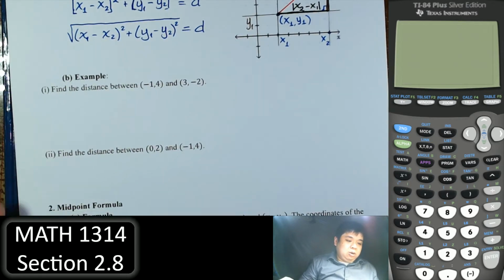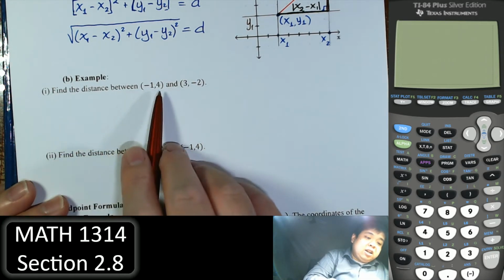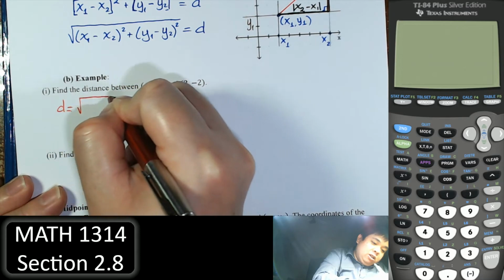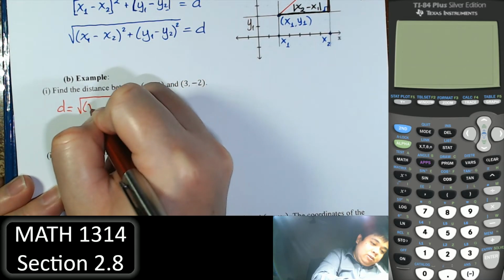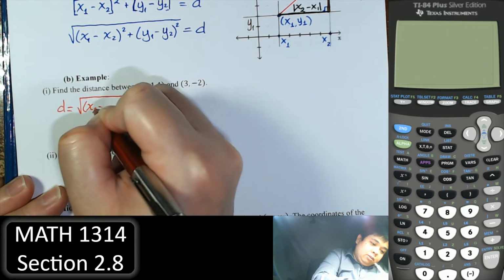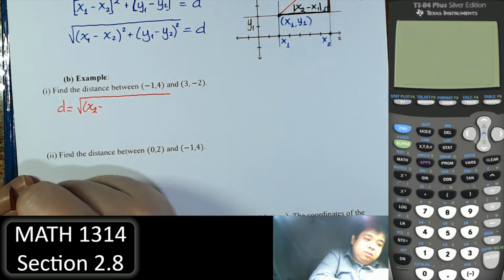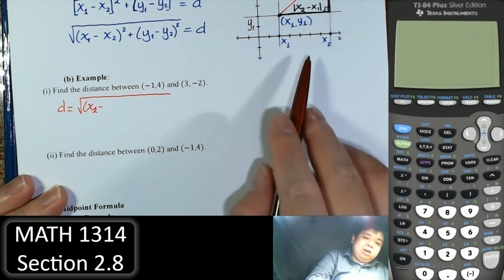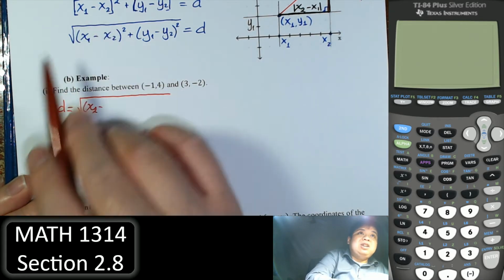Then we have a couple of examples here. Find the distance between these points. It's very easy. Distance formula. Here we have 1 minus 2, or 2 minus 1.